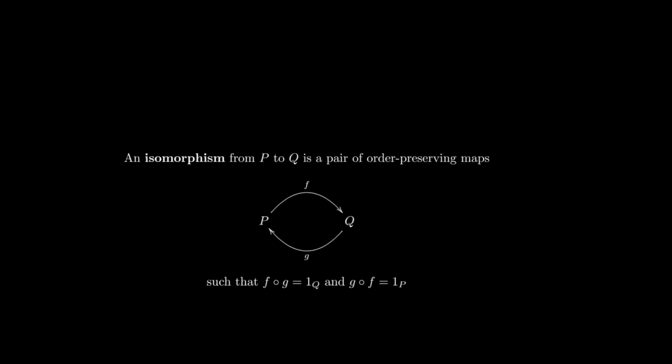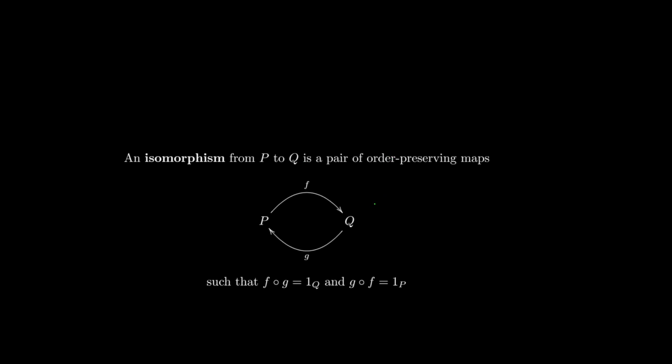So let me explain what is an isomorphism. Here we are. So given a partially ordered set P and a partially ordered set Q, this concept of isomorphism is formally capturing that we can consistently relabel the Hasse diagram of P into the Hasse diagram of Q. In other words, P and Q effectively have the same Hasse diagrams up to a relabeling.